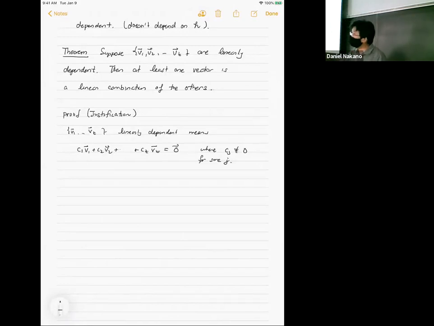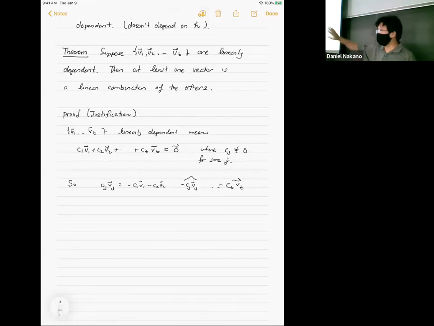Okay, so then what we do is we take that vector Vj, stick it on one side, move everything else to the other side, and then divide. So Cj Vj equals minus C1 V1 minus C2 V2, and then we're missing the Cj Vj term, so I'm going to put a hat over it, meaning we don't include it, dot dot dot, minus Ct Vt. Basically you move everything over other than the term Cj Vj.